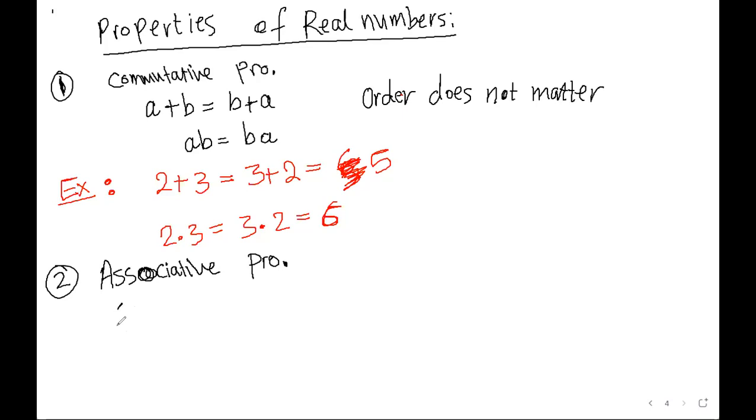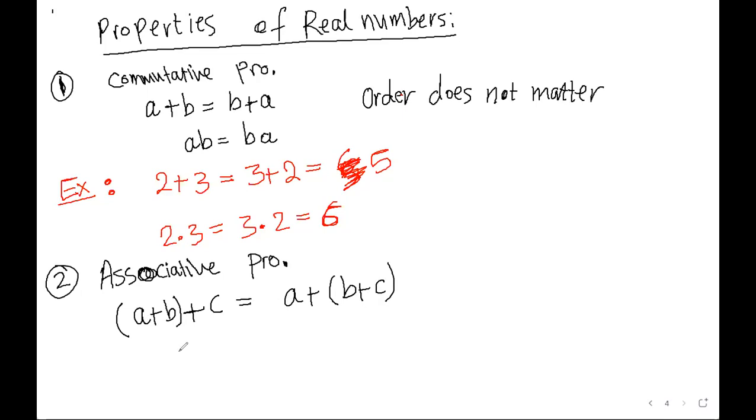It means a plus b in parentheses, plus c, is the same as a plus the parentheses b plus c. This means it doesn't matter which two we add first. If I add from this side first, it is the same as adding the other two first. It doesn't matter which I start with.